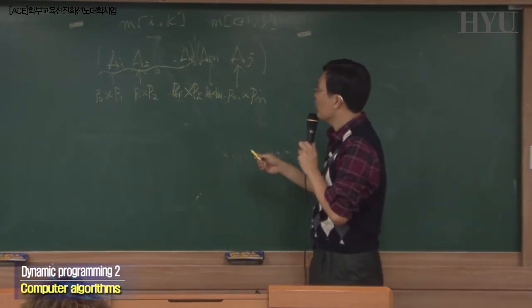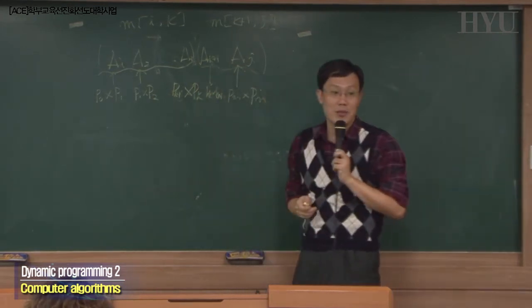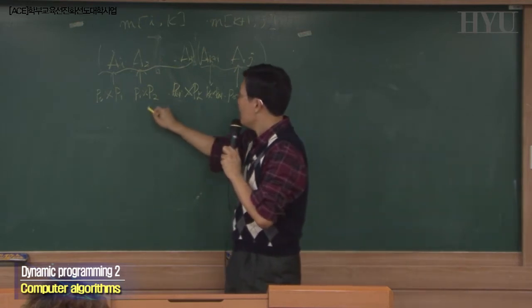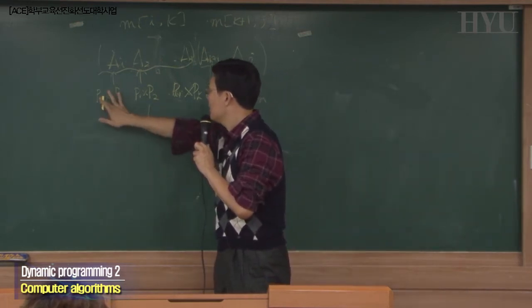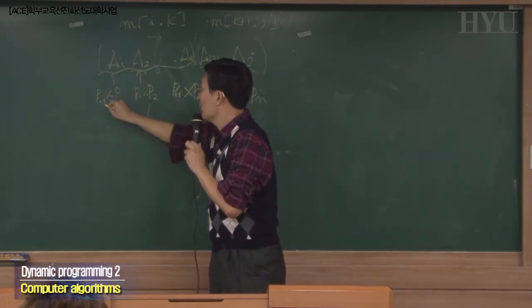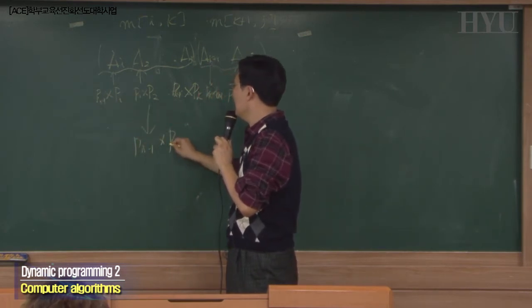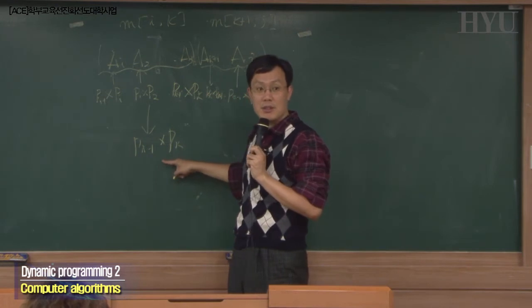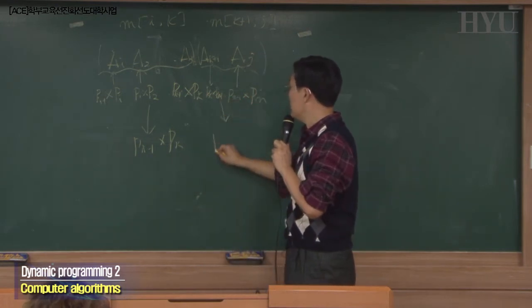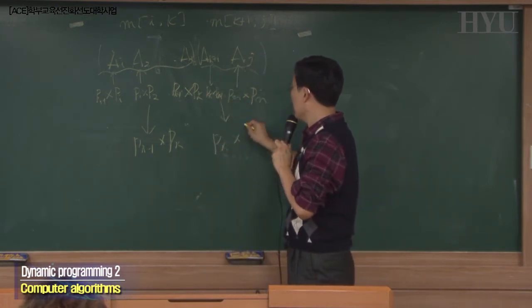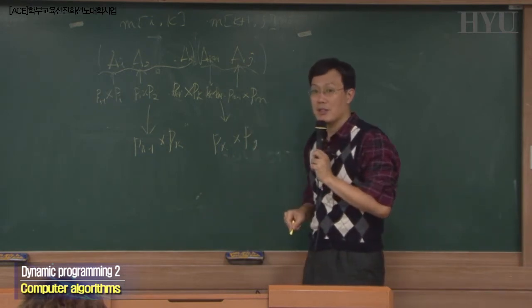And then the last one, multiplying these two matrices. And let's see, this is a Pi minus 1 by Pk matrix. And this is a Pk by Pj matrix.